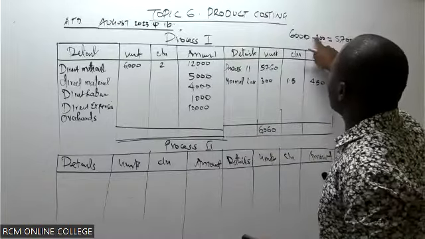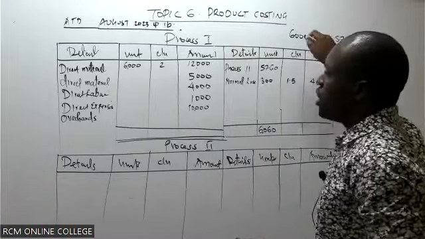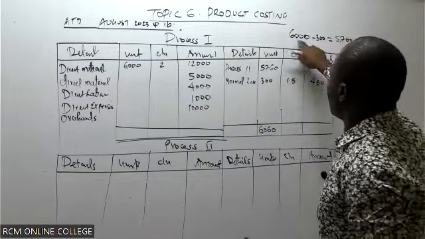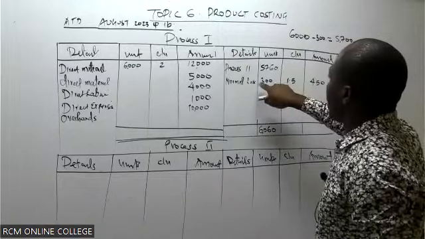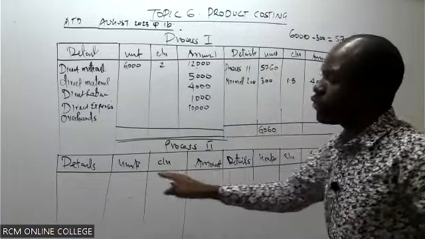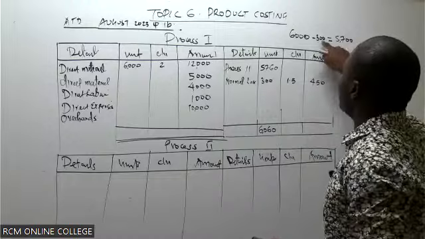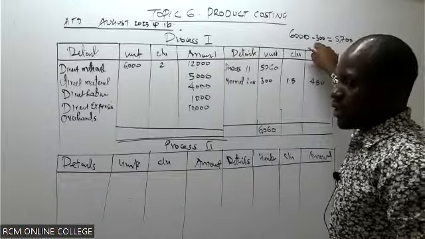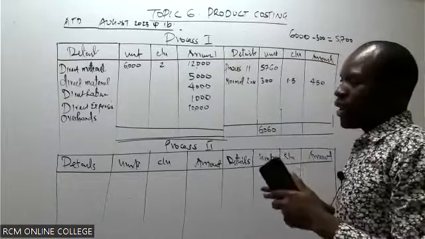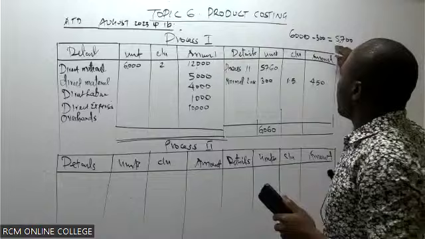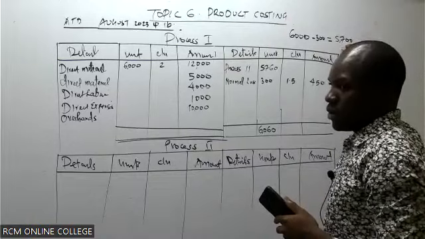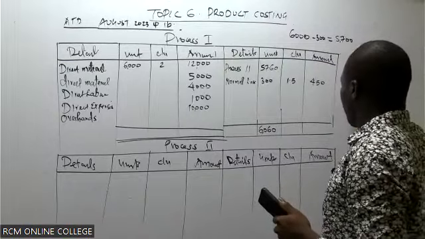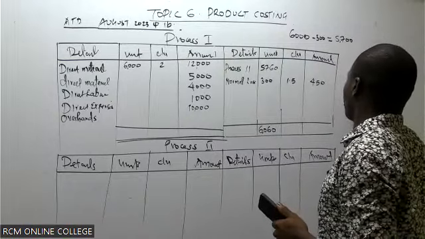It happened that you did not lose the 300. How many units did you lose? 6,000 minus 5760, which was transferred to process 2. It tells you that you lost less than this. You were very careful, to the extent that you did not lose the normal units. You were supposed to lose 300, but you lost 240.